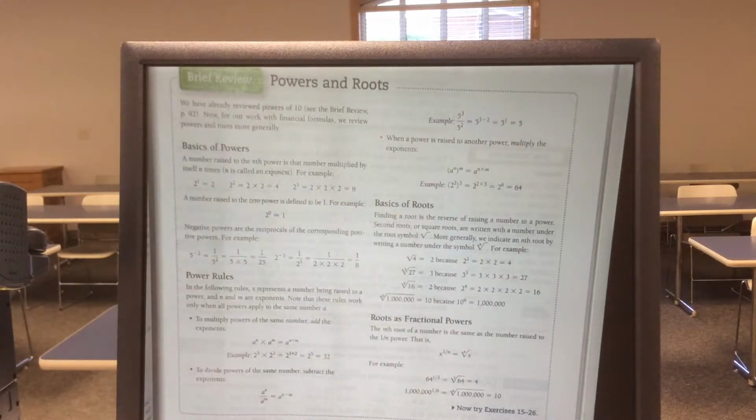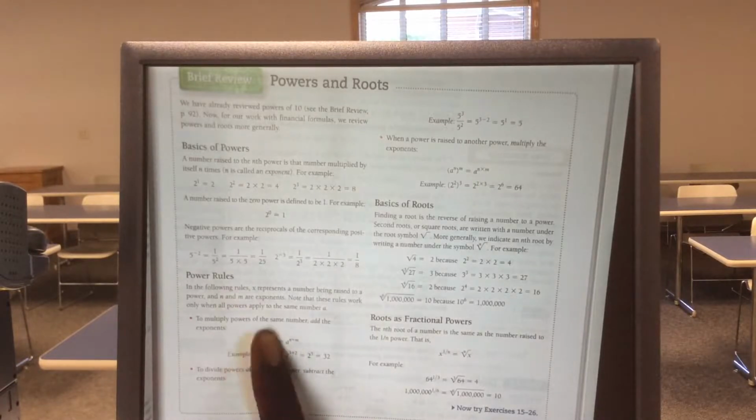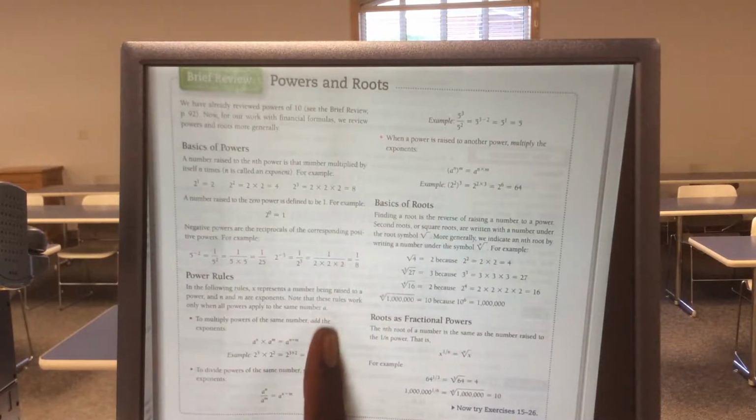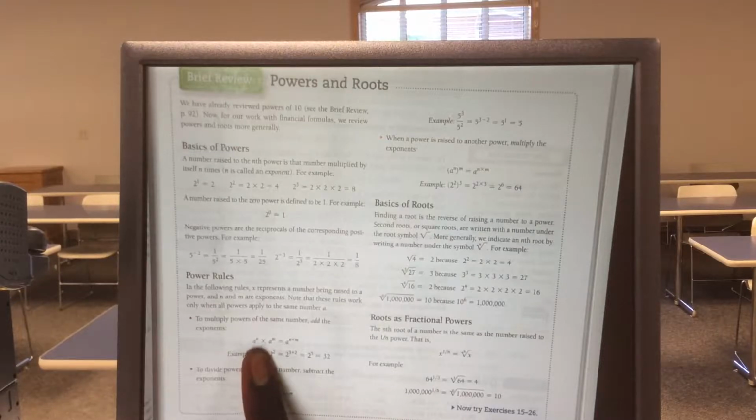Okay, next are the power rules for exponents. Usually, we're going to be dealing with the product rule, the quotient rule, and the power rule. This one deals with the product rule for exponents. If you multiply powers of the same number, you're going to add the exponents. So here, a to the n times a to the m is equal to a to the n plus m.